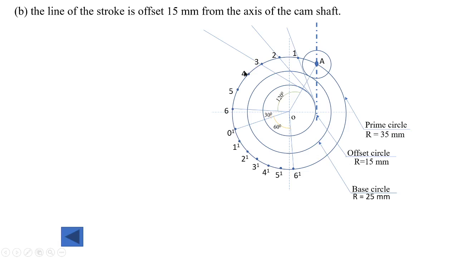Now from points 3, 4, 5, 6, then from O1 dash, 1 dash, 2 dash, 3 dash, 4 dash, 5 dash and 6 dash, you draw the tangents.